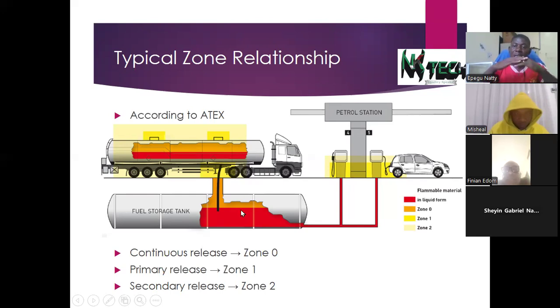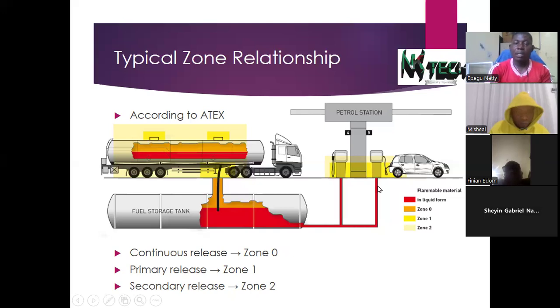Now at the top of the liquid, we have flammable gases. So the flammable gases at the top that is going outside the tank is your zone 0. Like I said, it's zone 0 because it's always there, it's continuous. As long as we have product inside the tank, we're always going to have that. So that's the zone 0.